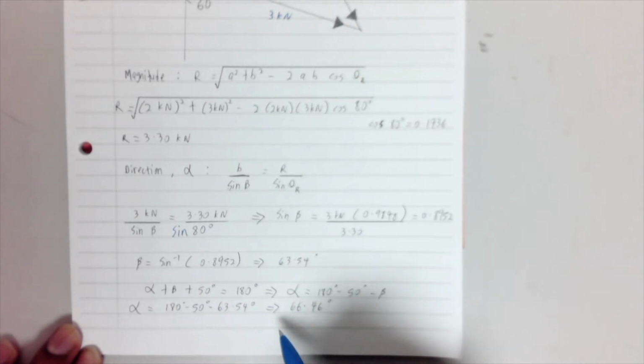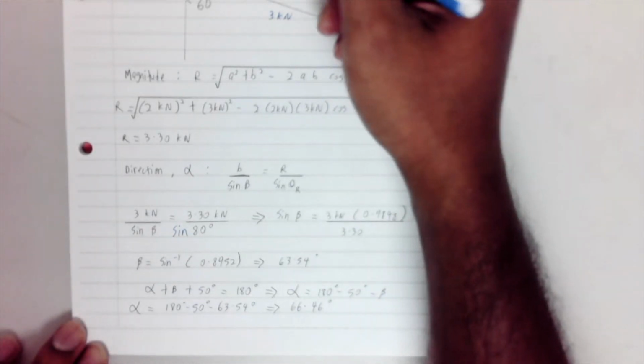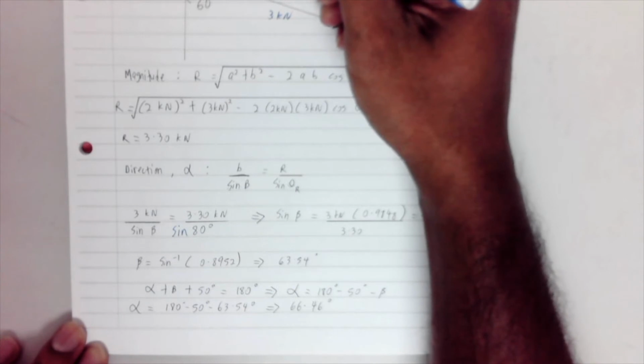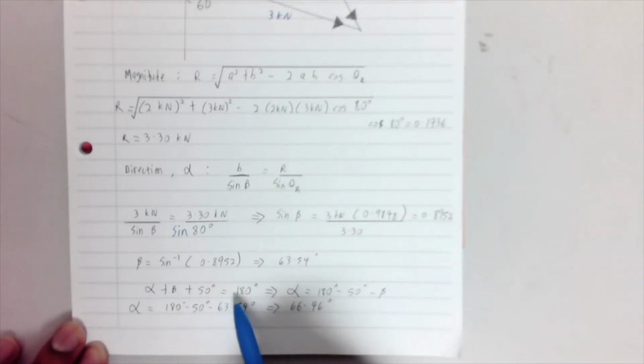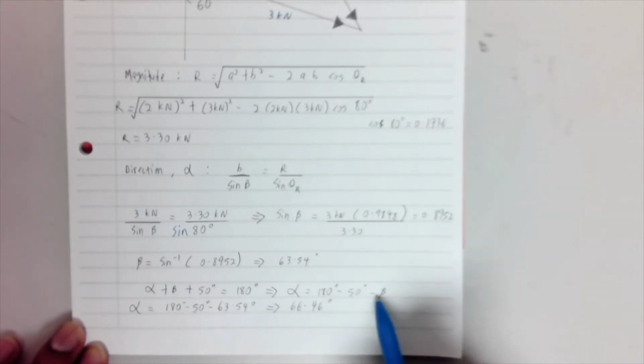So now we are going to subtract the values from the overall angle to get the alpha value. So alpha plus beta plus 50, because this beta covers this overall part, equal to 180. So alpha equal to 180 minus 50 minus beta.